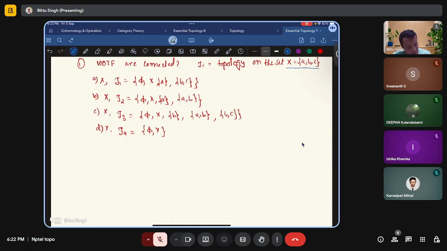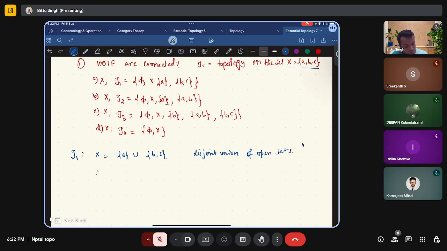You can see if we consider tau 1, X can be written as a disjoint union of open sets.